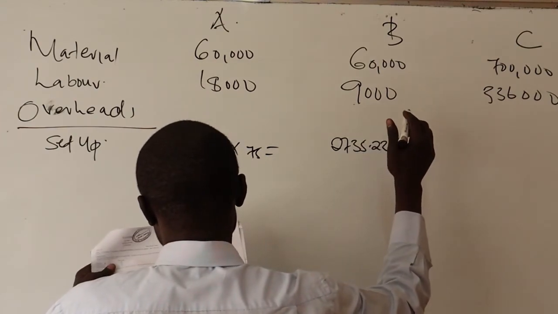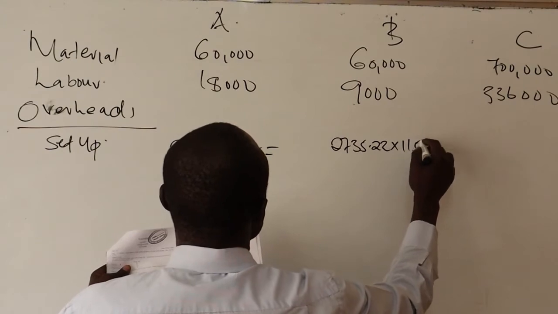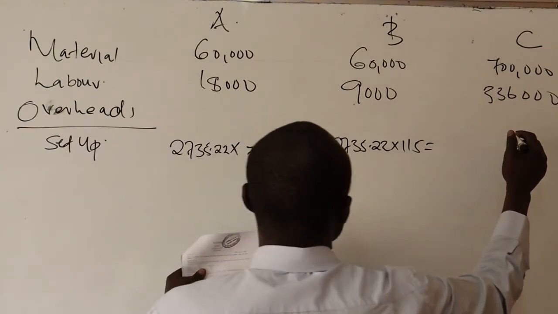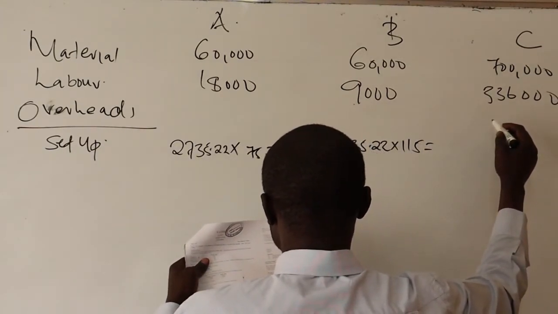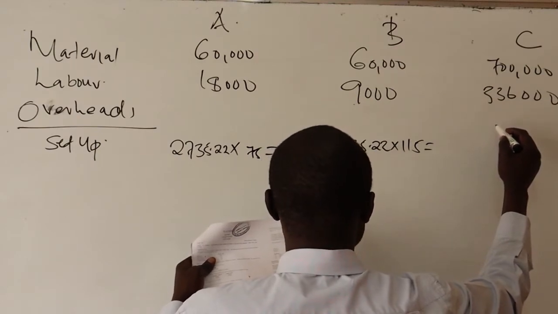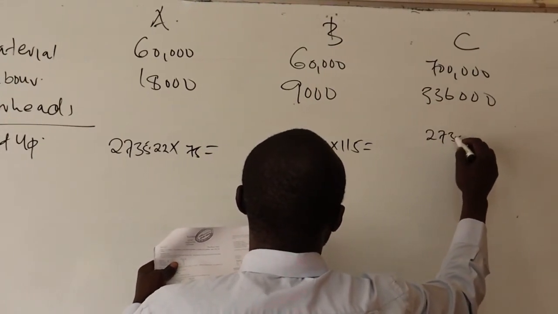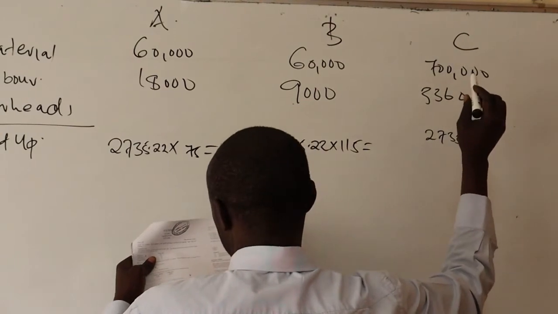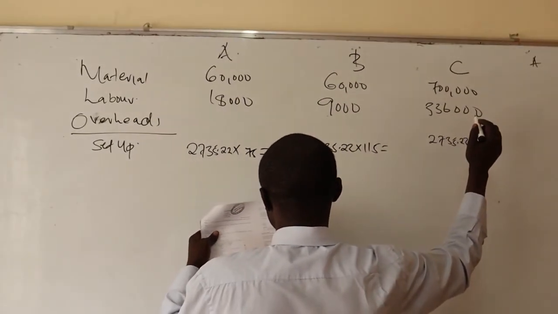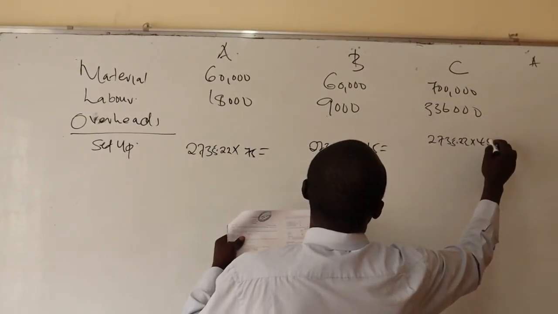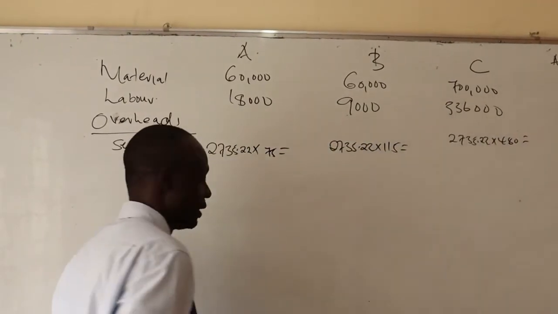2735.22 times 115 setups. And this one is 2735.22 times number of setups, 480. So you'll be able to get the setup cost.